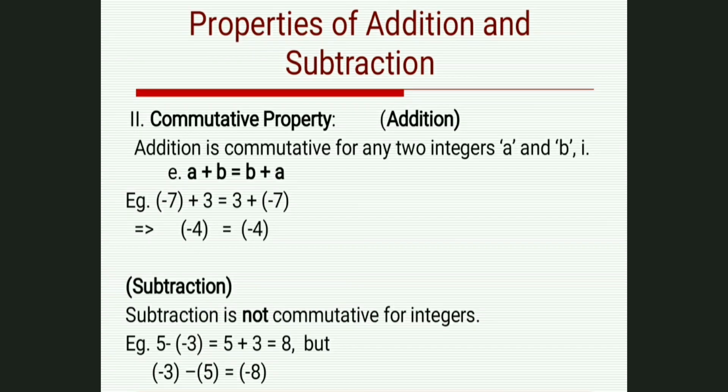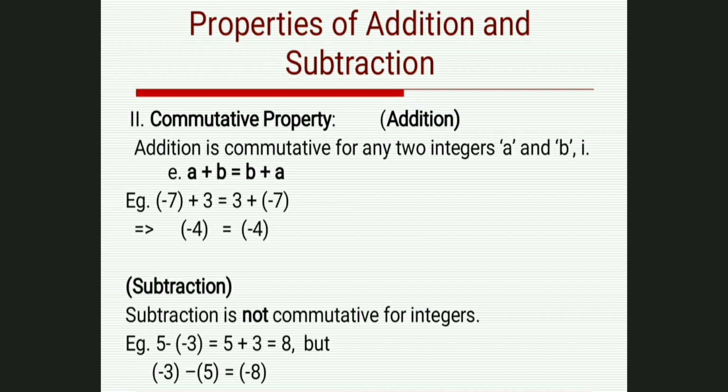Now children, let us move to the next property, that is commutative property. First I will explain commutative property for addition. This property says that if you are adding integers in any order, the answer does not change.